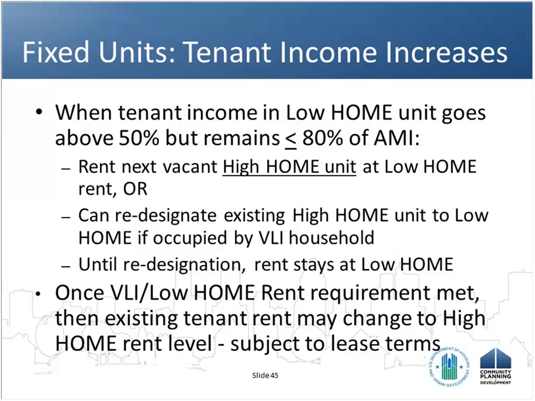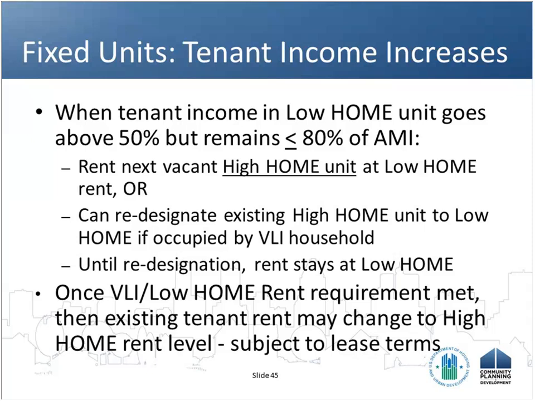So when we have that household that goes over the 50% income, maybe your first instinct would be to say, okay, well, let's just designate that as a high HOME unit and adjust their rent. We can never redesignate that low HOME unit until we're able to replace it. So we're seeking a way to replace that low HOME unit.